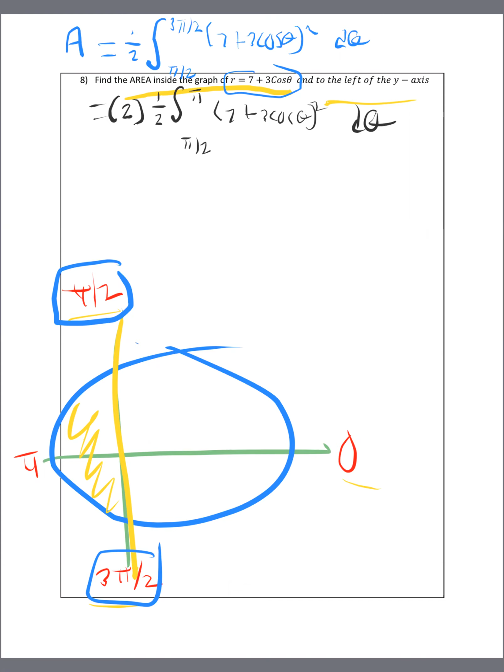Basically what I did was, instead of going from here to here, I went from here to here, which is now this little part, and I multiplied it times 2 because these two parts are symmetrical.